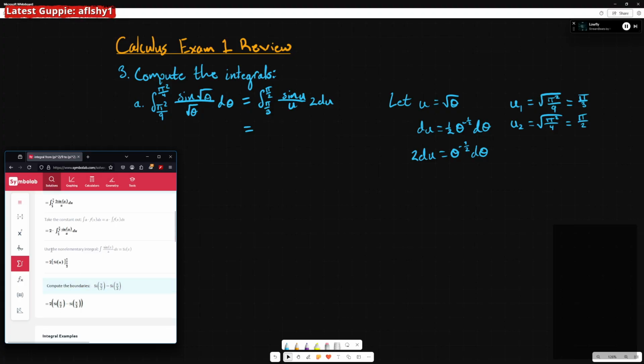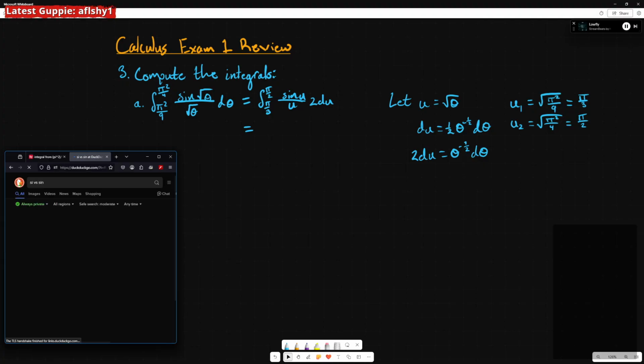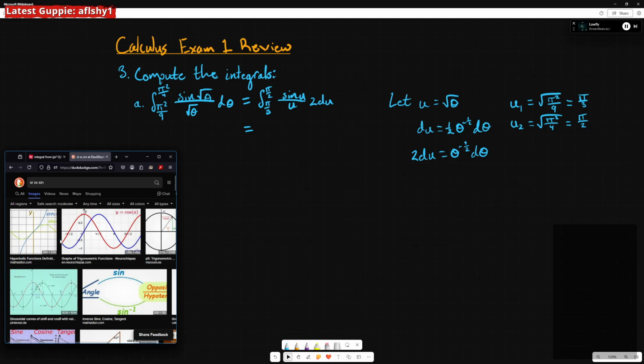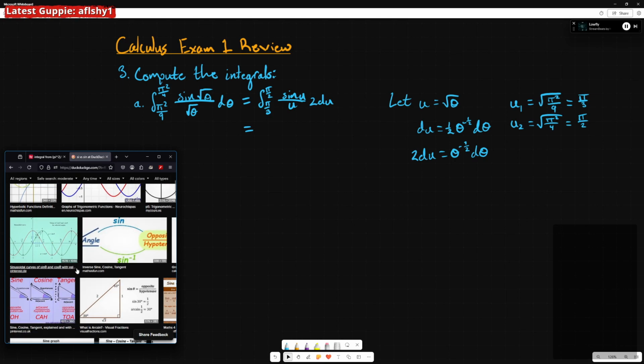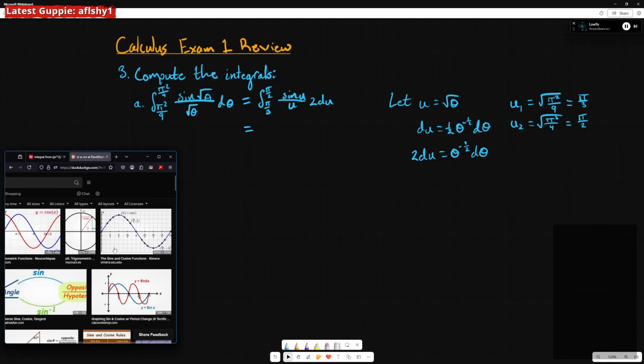What the hell is C? Is it just saying it's inverse sine?